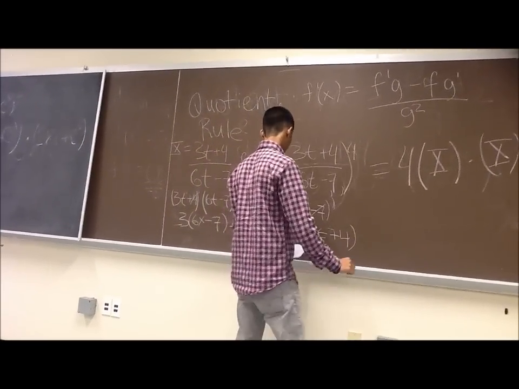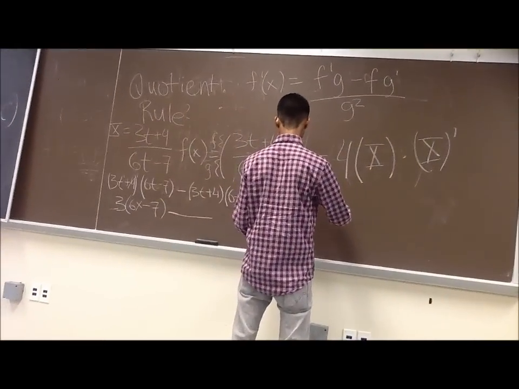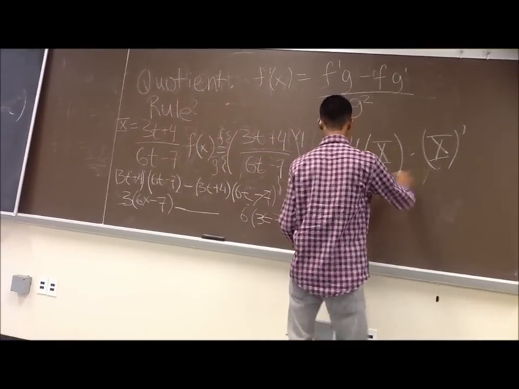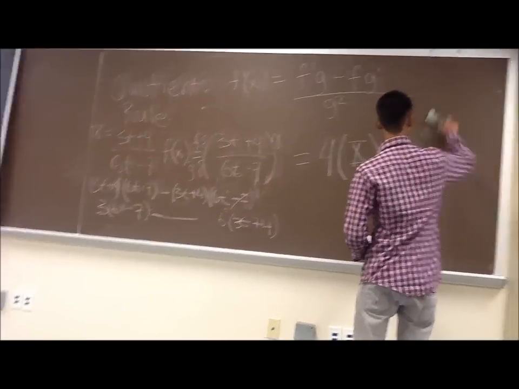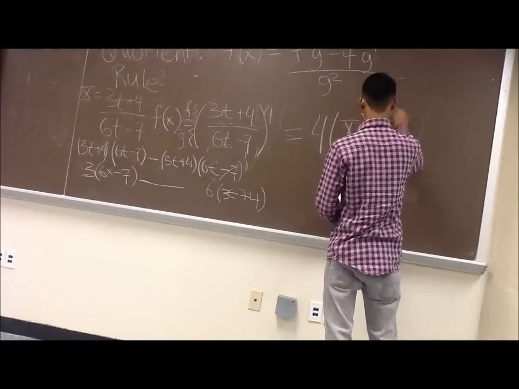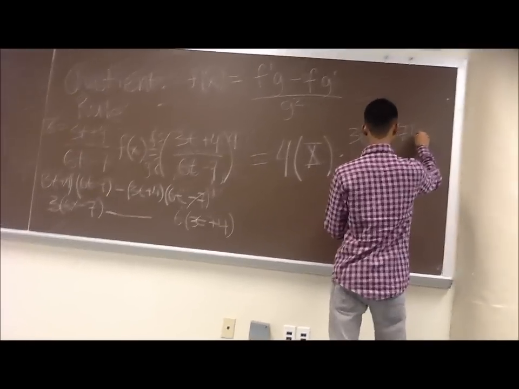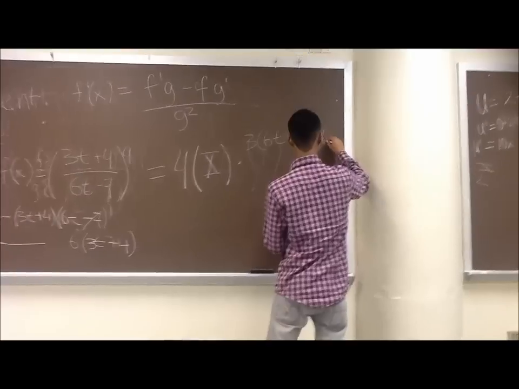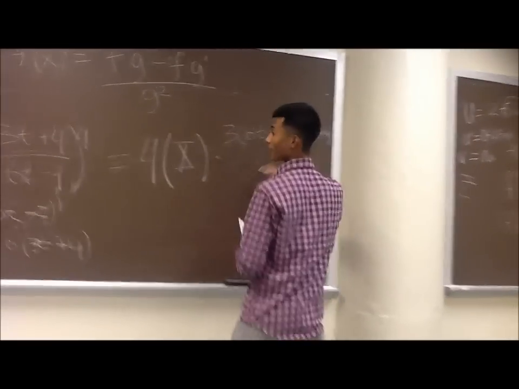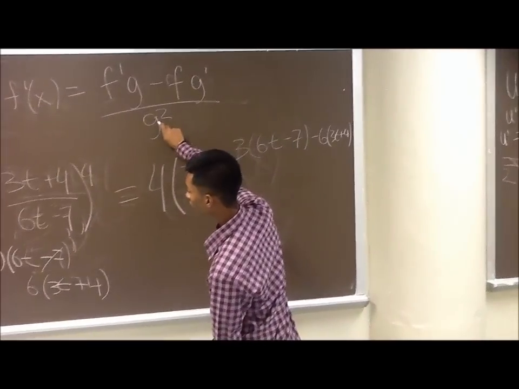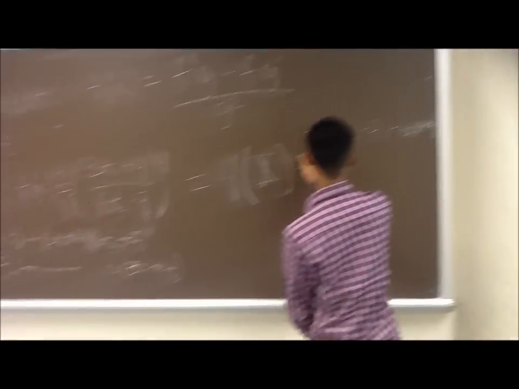And so this, I'm just going to substitute this in. X 3 plus 4. And don't forget the g squared, of the g, which is this.